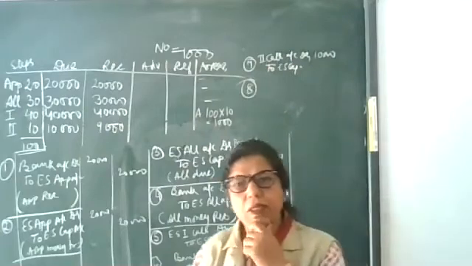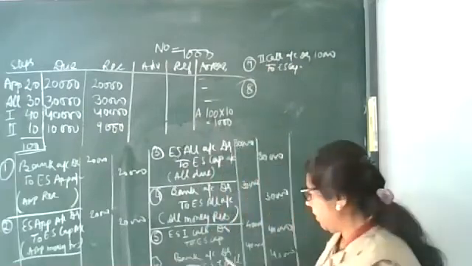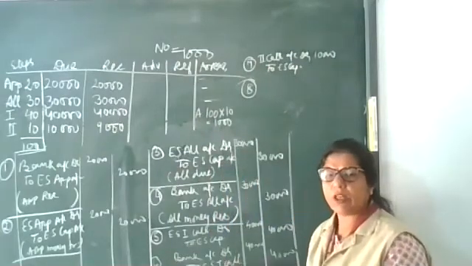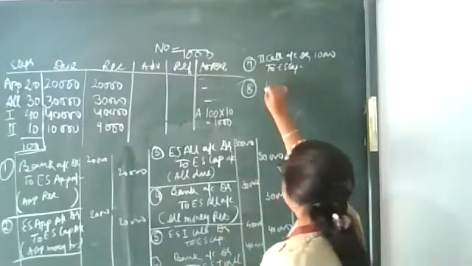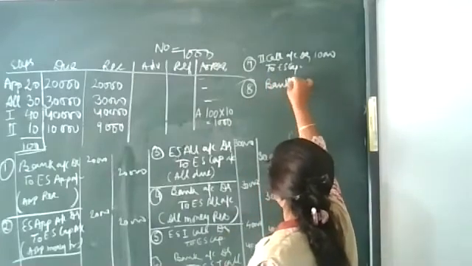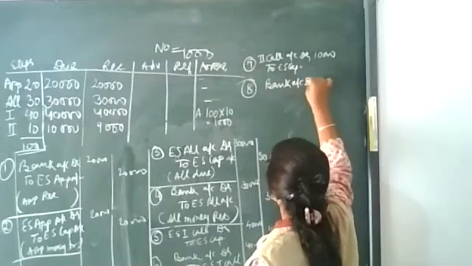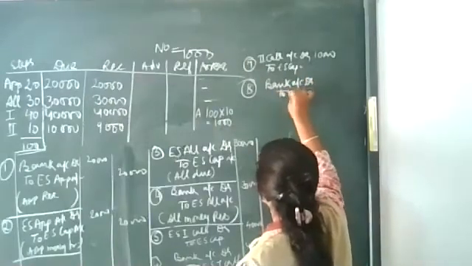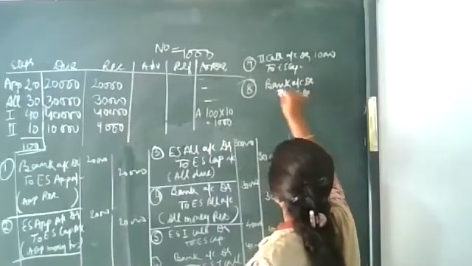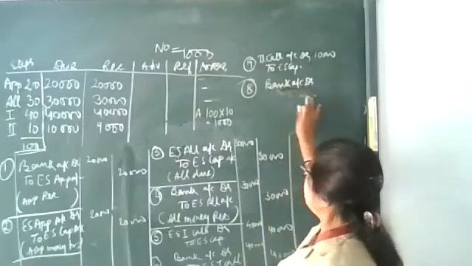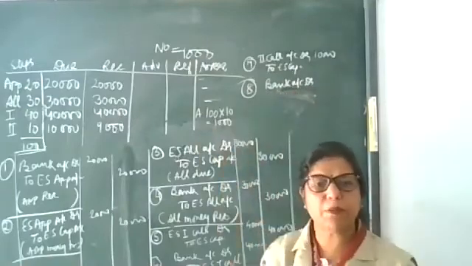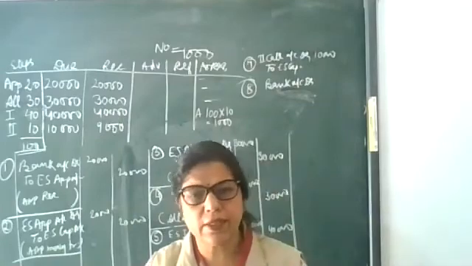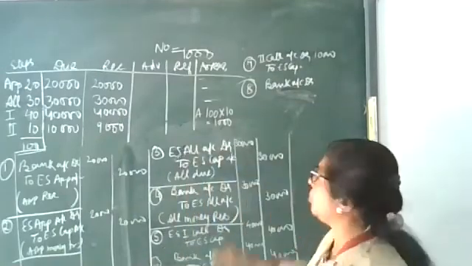Eighth entry: earlier it was bank debit to first call. Now what will you write? Bank debit to second call. And in that, on the second call, there is arrear. So what to do?